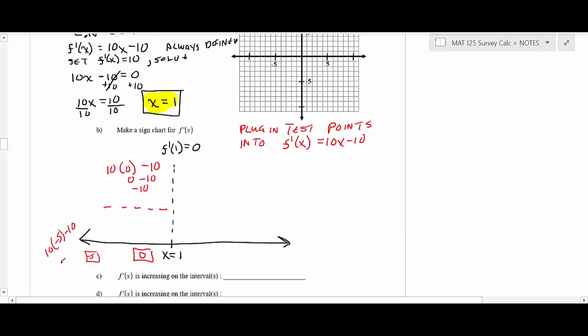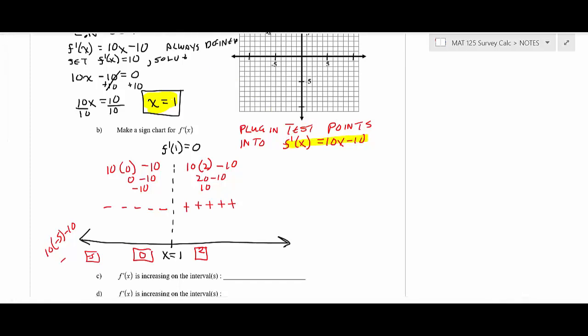Then I'm going to take a test point bigger than 1. Let's take 2 and plug that into the derivative. 10 times 2 minus 10 is 20 minus 10, that's 10. What matters is it's a positive result. A lot of times you can do the test point in your head, but it's really important that you plug your test points into the derivative, not the function.